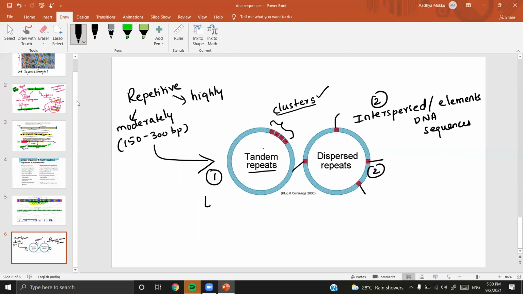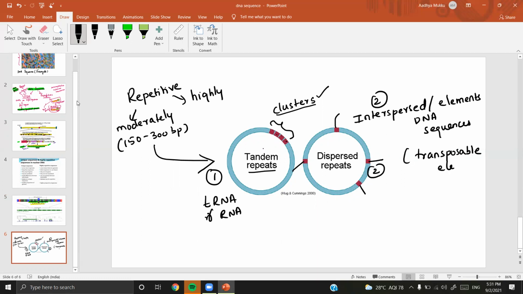Examples of tandem repeats are tRNA as well as ribosomal RNA. Okay, children. Coming to the interspersed elements, which are dispersed here and there throughout your genome, these are actually transposable elements.